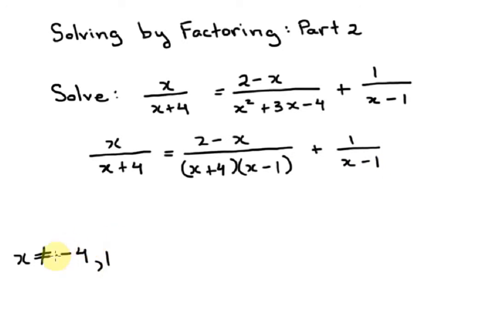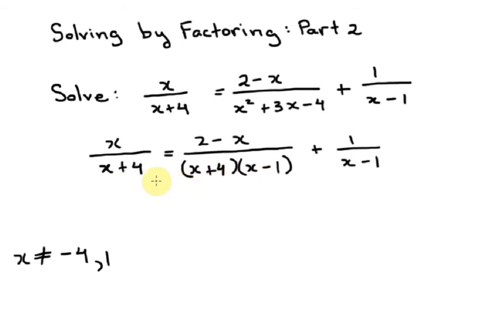And the reason we want to note that is, should we, at the end of all this, come up with a couple of answers, and maybe one of them was, say, -4, we would have to reject it. So we just kind of put this on the shelf here, and we worry about that later on when we're done.